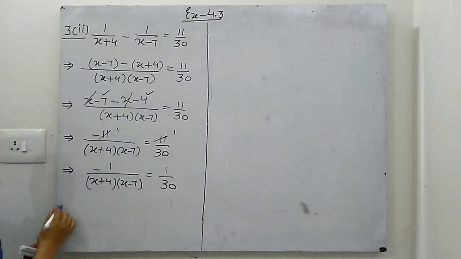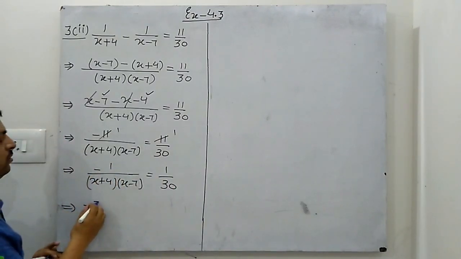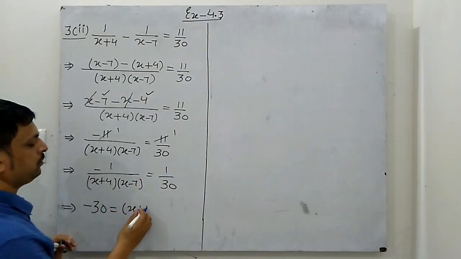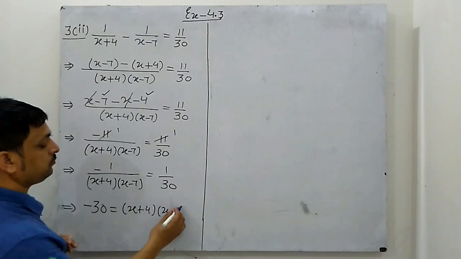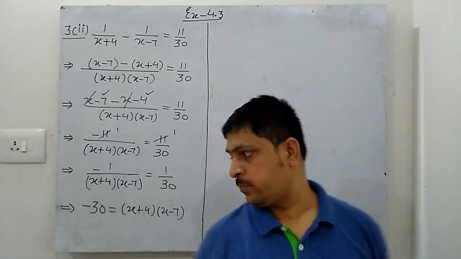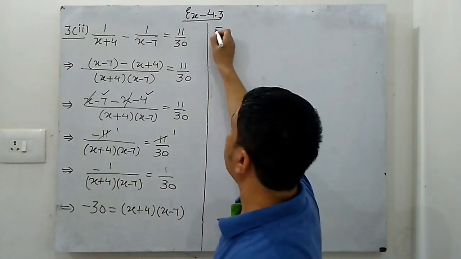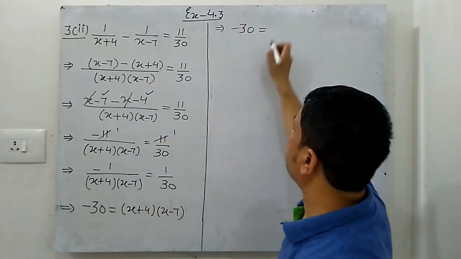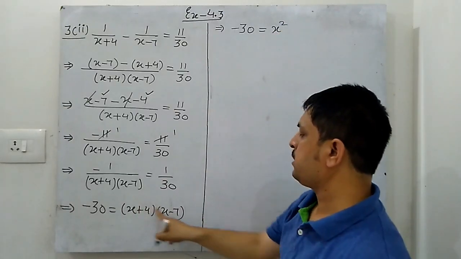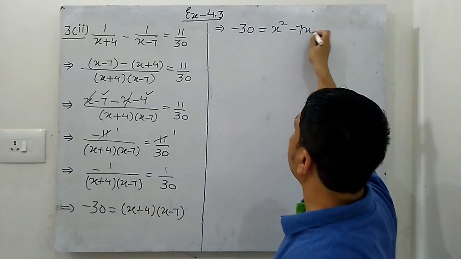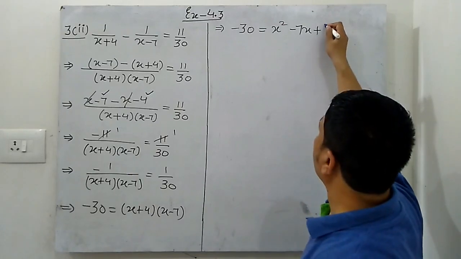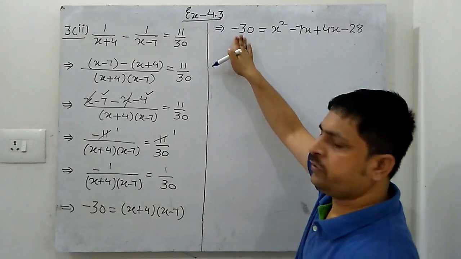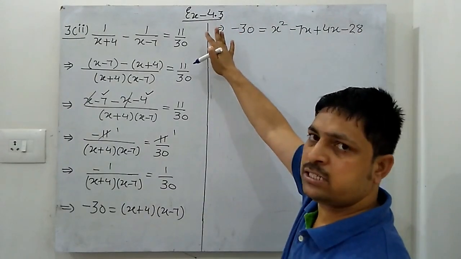Do cross multiplication. So 30 into minus 1, it is minus 30, and x plus 4 into x minus 7 will be multiplied by 1. Clear? So solve this one. It is minus 30. X multiply x, it is x square. X multiply minus 7 plus x multiply 4, and 4 into minus 7, that is minus 28. This minus 30 will be shifted, then this side will be 0.